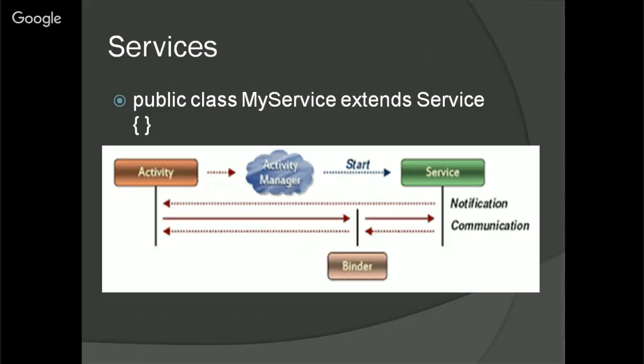If we move forward, then we'll be seeing that there will be my service, which will extend the service class. Extends is nothing but an interface which extends service, and service can provide communication.